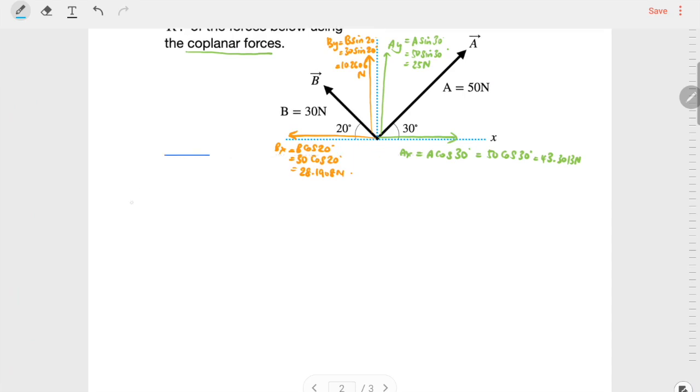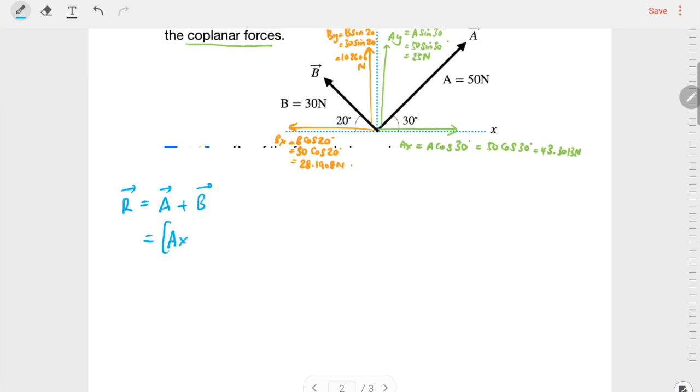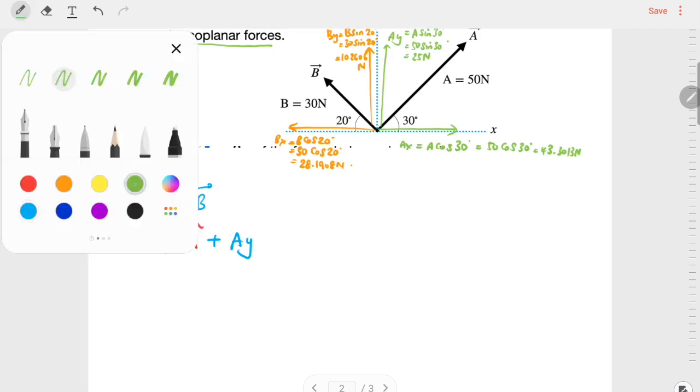Using the same principle, the resultant vector between vector A and B is the summation, or addition, of vector A and vector B. Okay, if we rewrite vector A in its Cartesian vector notation, it will become AX i hat plus AY j hat.